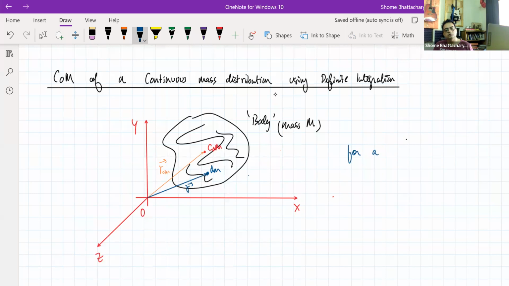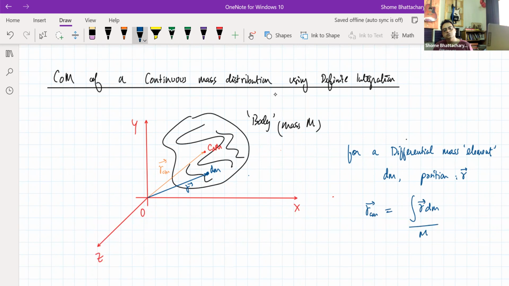So for what is called a differential mass element, dm, if the position is r, then the position of the center of mass becomes the integration of r dm divided by the total mass.